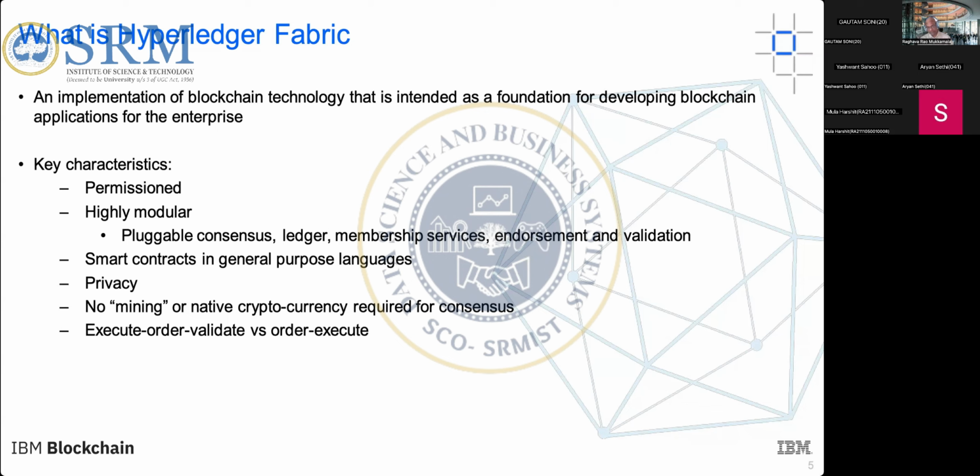So first the execution of the transactions happens, then they are ordered using the blocks, and then there is a validation. What is the validation? Whether the block is accepted by all peers or not. Even though you put a block into the network, it is not guaranteed that your block will be accepted by all the miners.